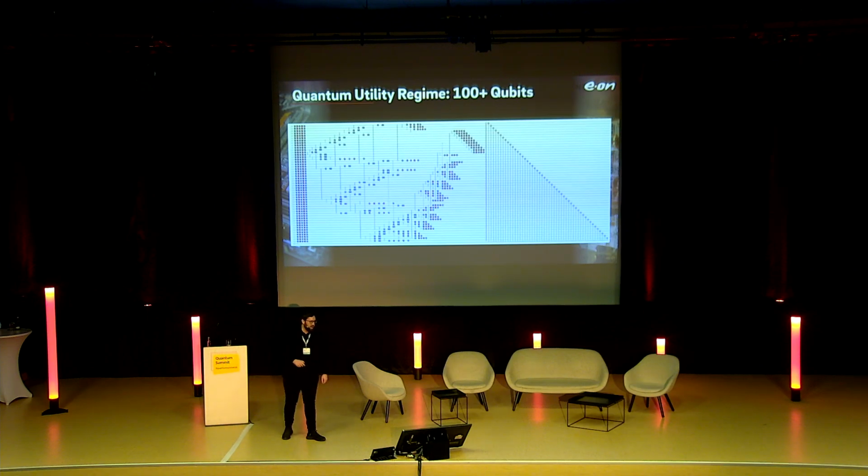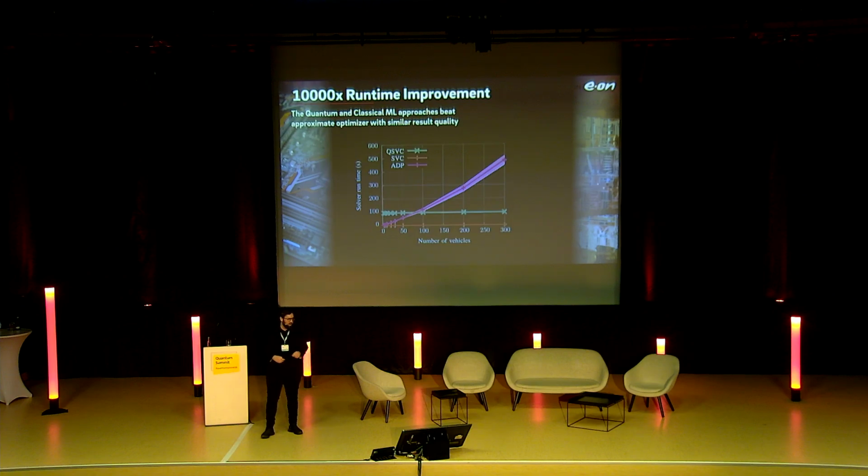And in the end, what we ended up getting was a 10,000x runtime improvement in our machine learning heuristic, both classically and quantumly. So I'm not claiming quantum advantage here, but we are claiming that basically if you look at this pink curve, this is this classical brute force, and you can see the runtime scaling beyond or into the regime where we need to be able to solve it quicker.